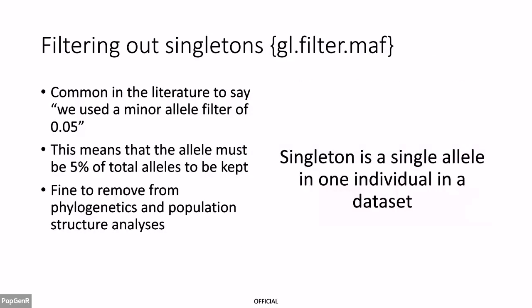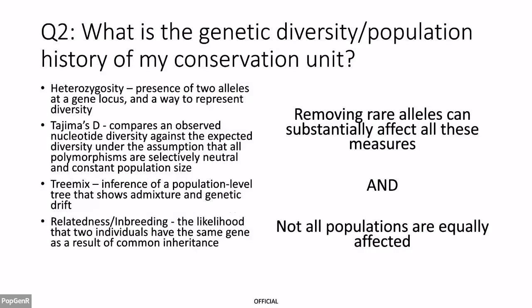So we just did this bit. I wanted to come back to singletons. I did this a bit, I'll go quickly. Again, a singleton is a single allele in one individual in a data set. These are really vital to things like heterozygosity, the presence of two alleles at a gene locus in an individual.